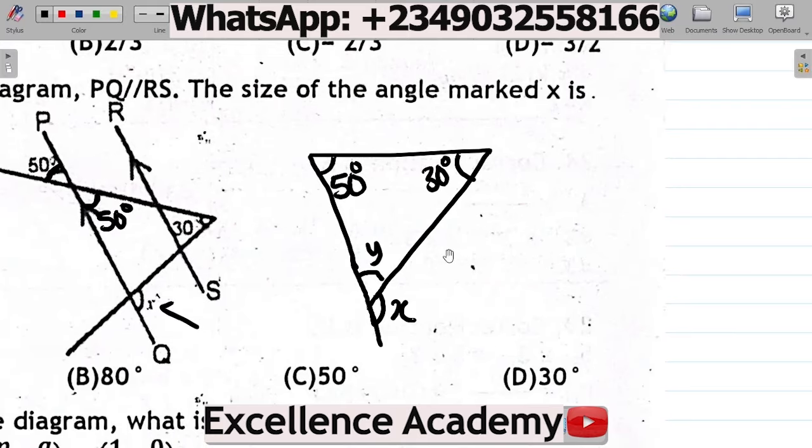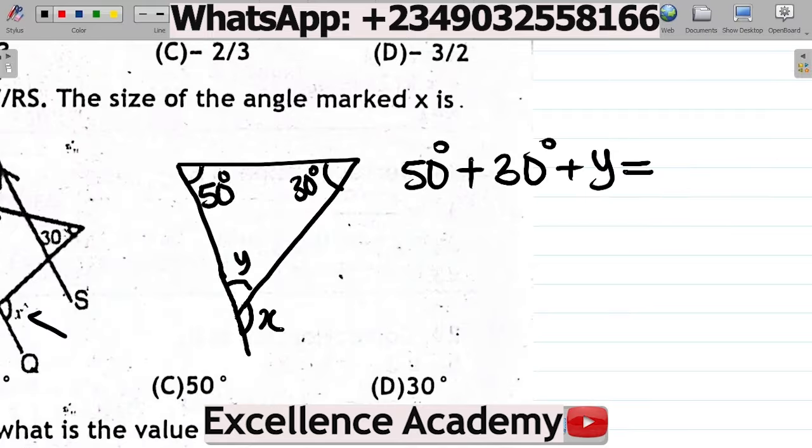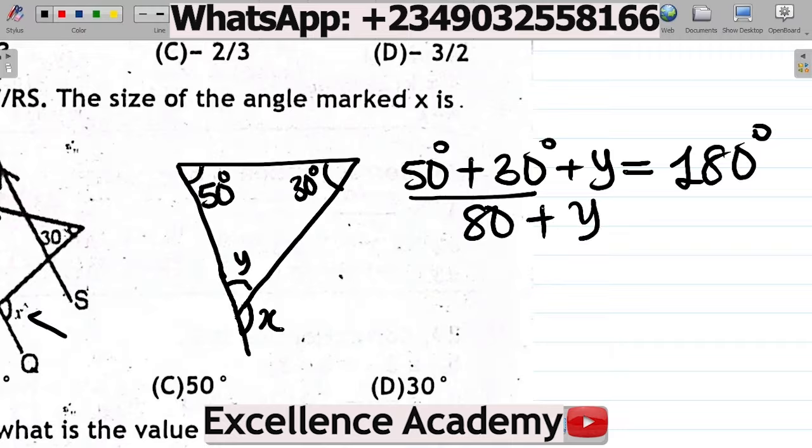Now we know that for the sum of angles in a triangle, 50 plus 30, of course in degrees, plus the value of y should be equal to 180, because the sum of angles in a triangle is 180 degrees. 50 plus 30 gives you 80, plus y is equal to 180 degrees.